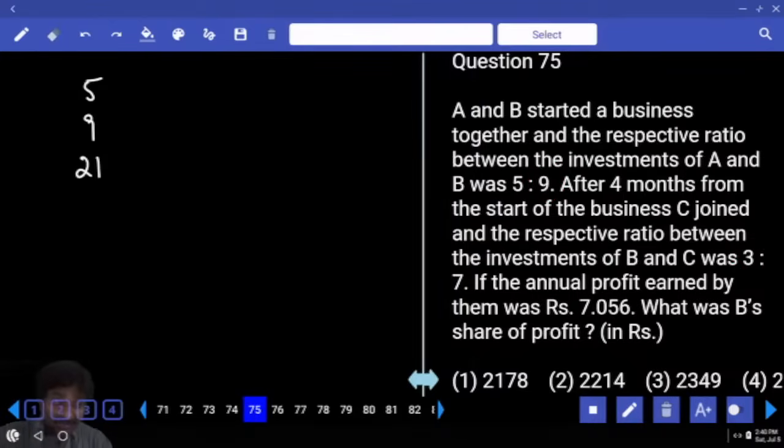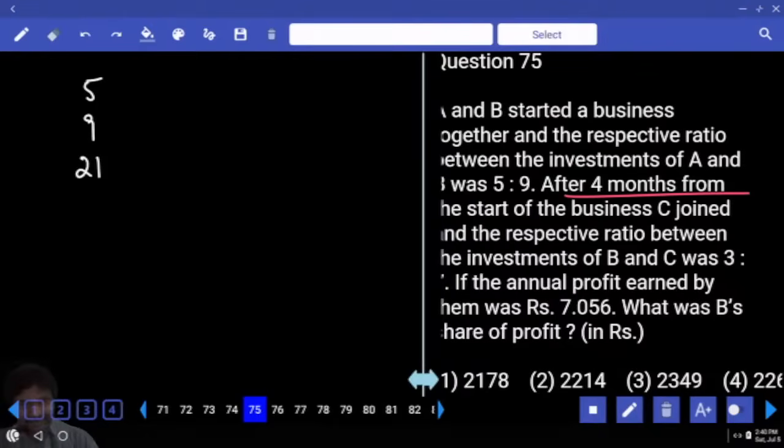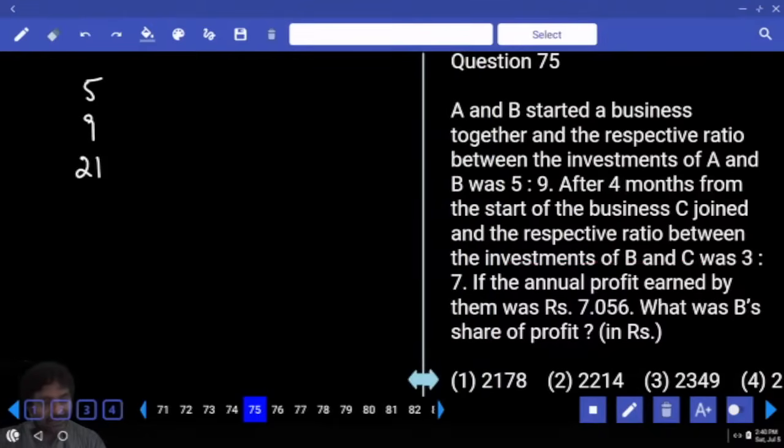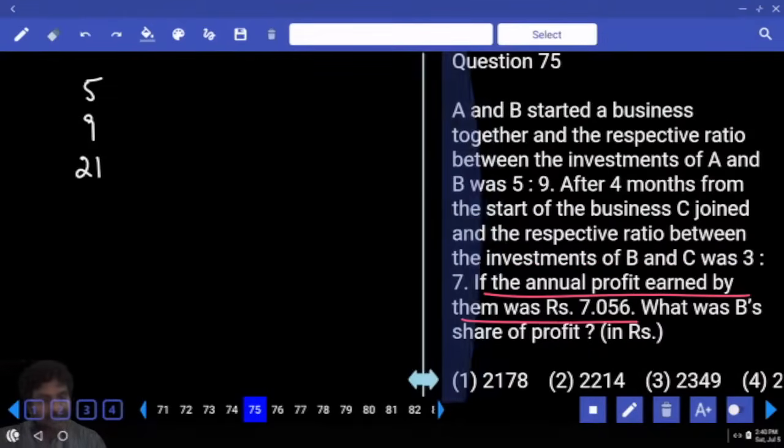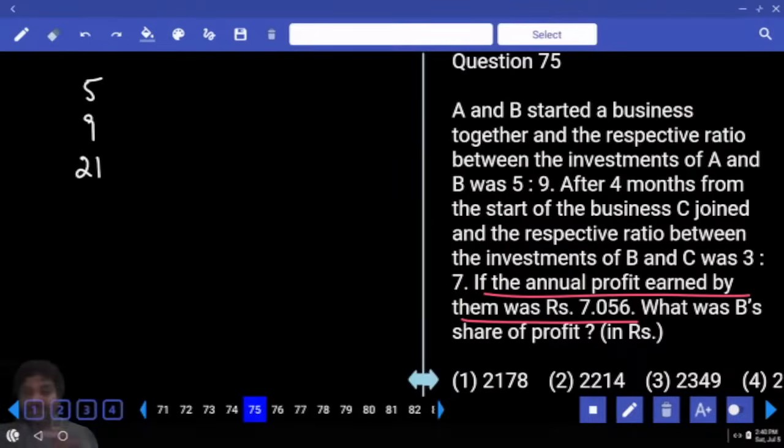And when did C join? After 4 months. If the annual profit earned by them was 7056, what was B's share of profit? Okay. Who started the business? Then A and B will be there for 12 months.